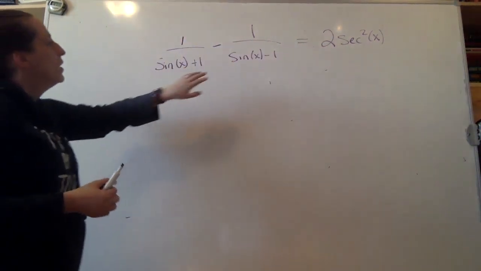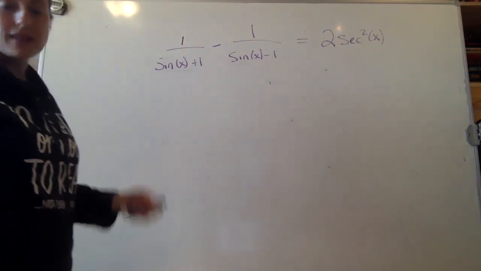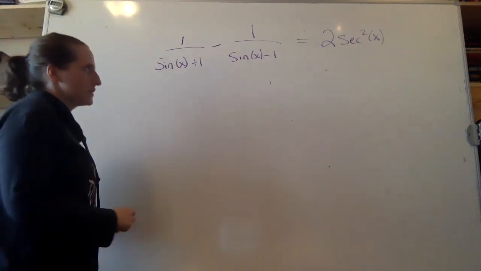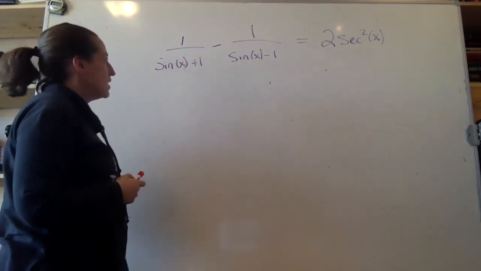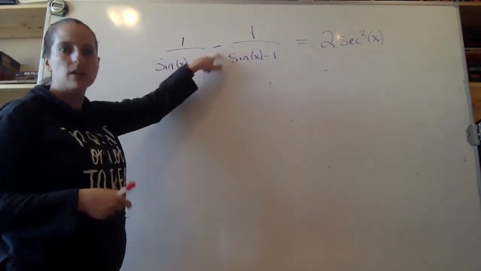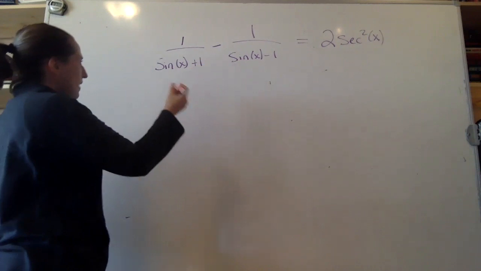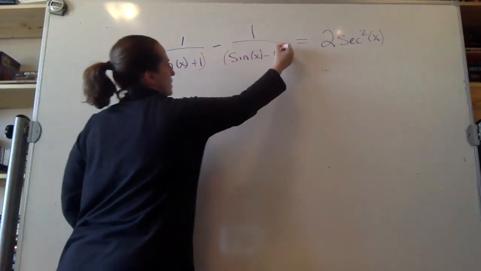All right. Well, on our left-hand side, we've already got things in terms of sine, so it doesn't really make sense to try and rewrite everything in terms of sines and cosines. Instead, we're going to have to try that algebraic hint, which says things like, combine terms where you can. In other words, we're going to get a common denominator and perform this subtraction. All right, so I have denominators of sine of x plus 1 and sine of x minus 1.